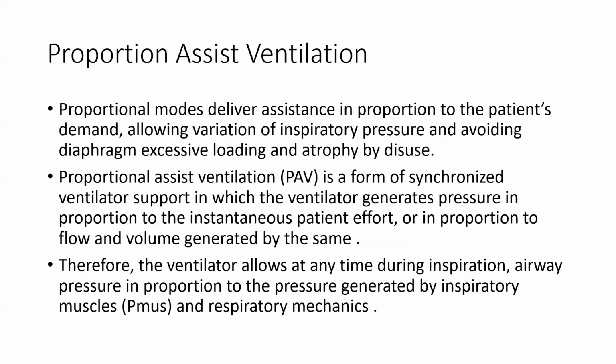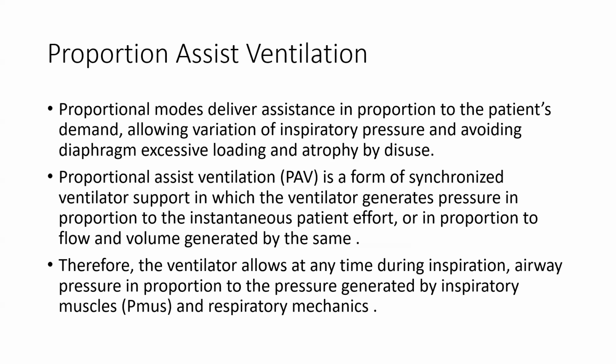Then the next is proportional assist ventilation. Proportional mode delivers the assistance in proportion to the patient's demand, allowing variation of inspiratory pressure and avoiding diaphragm excessive loading and atrophy by disuse.